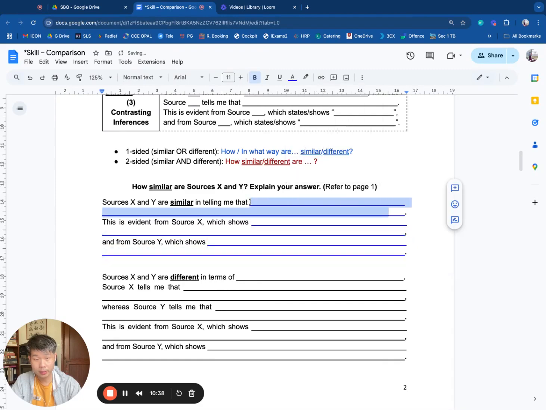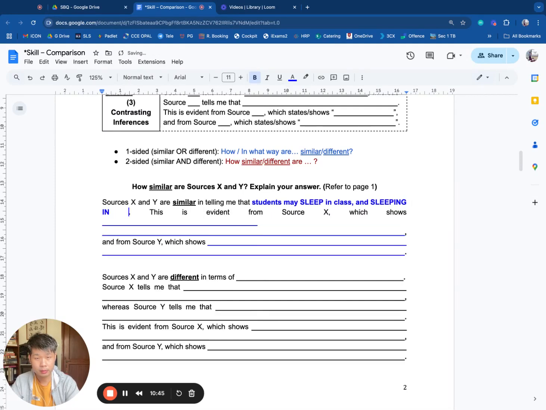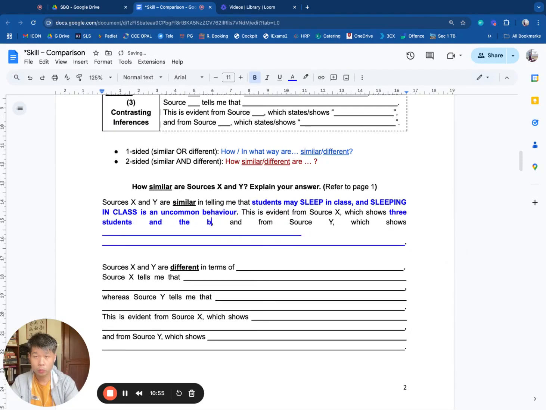Sources X and Y are similar in telling me that students may sleep in class, and sleeping in class is an uncommon behavior. This is evident from source X, which shows 3 students and the one boy in the middle is sleeping on his desk.